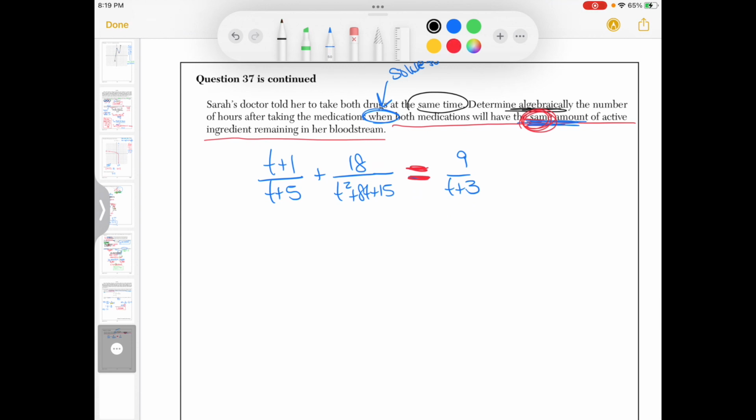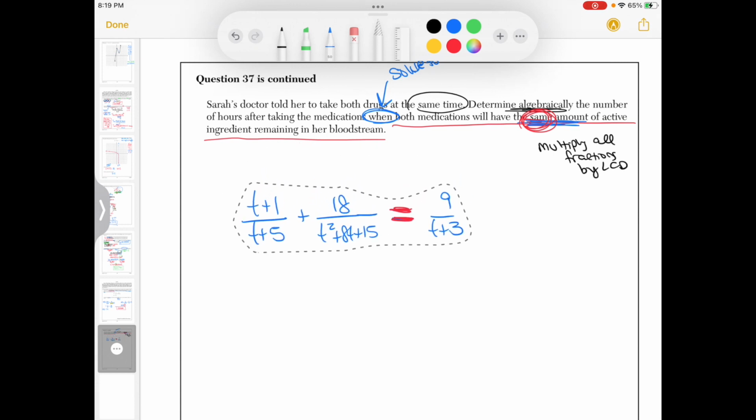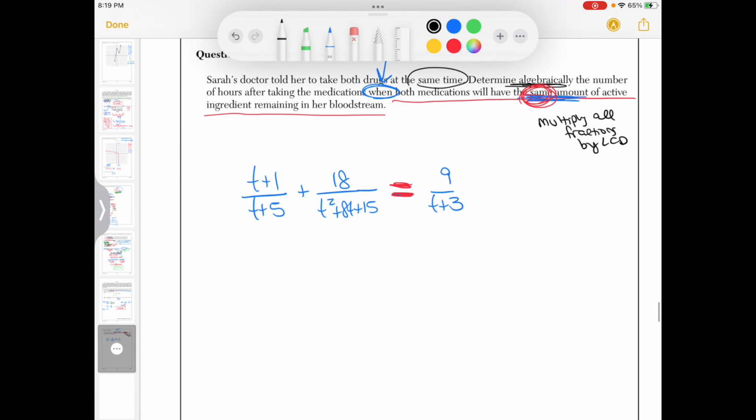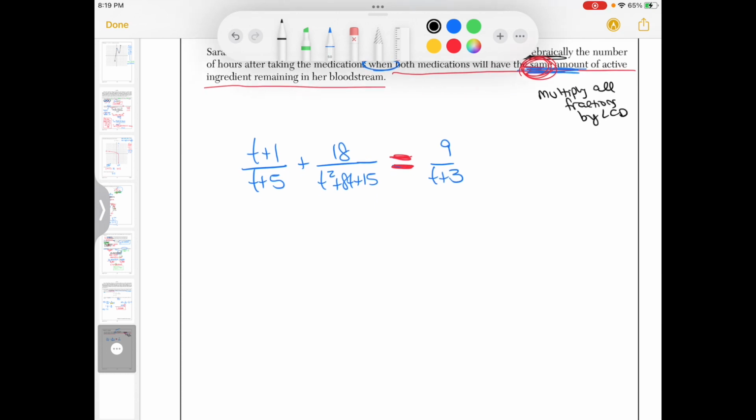All right, fractional equation. I remember this rule. To solve a fractional equation, which just means it's an equation with fractions in it, I have to multiply all fractions by the LCD. So I'm going to move this down a little bit. I wish you guys could actually do that on your exams. But to multiply by the LCD, I first need to find the LCD, and sometimes that requires some extra steps.